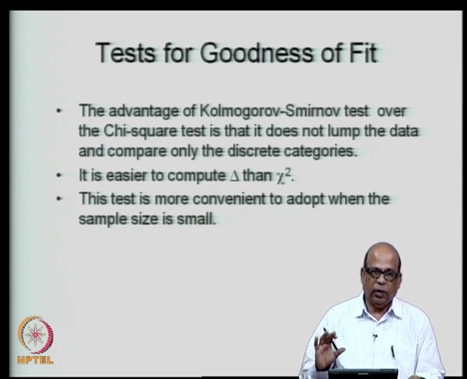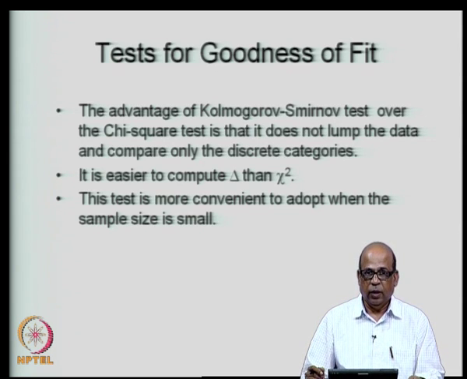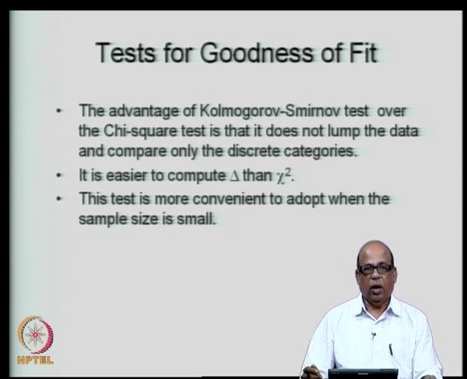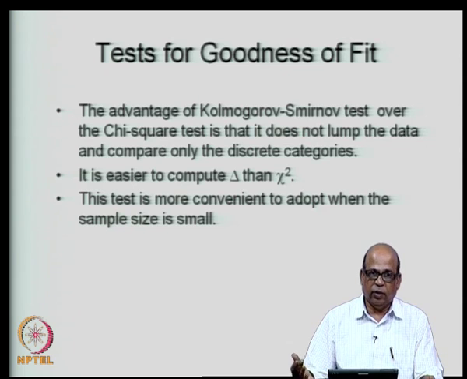Now, when the sample size is small, the KS test is more convenient to handle compared to the chi-square test. So, these are some of the advantages, and in some statistical sense, the Kolmogorov-Smirnov test is superior to the chi-square test in many situations.